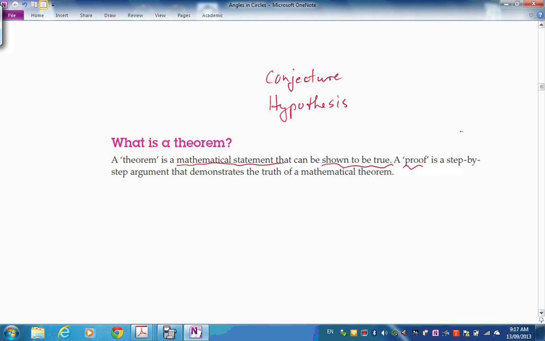And then we try to prove it. A proof is a step-by-step argument that demonstrates the truth. That is what's called a deductive argument, where we put a lot of already proven facts together and argue about the consequences of that and come to deductions or conclusions.